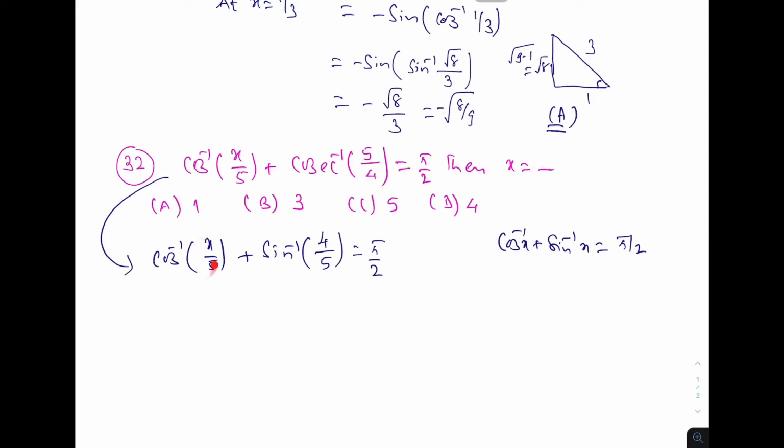And so this x by 5 and 4 by 5 must be equal. So x by 5 equal to 4 by 5, and therefore x is equal to 4. So the option is D.